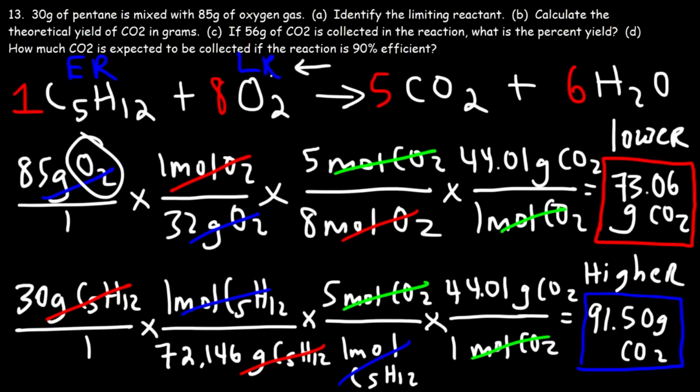So once the quantity of O2 hits 0, the reaction stops. So the answer to part B, the theoretical yield of CO2 in grams, is 73.06 grams of CO2. So that is the maximum amount of carbon dioxide that can be produced in this reaction.